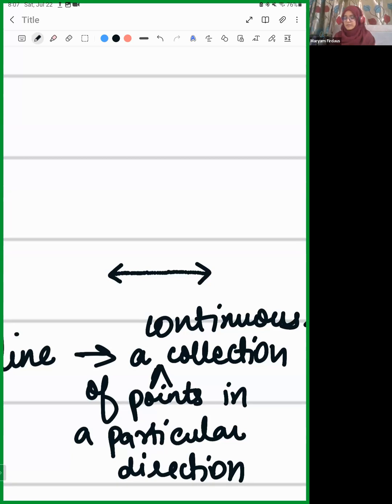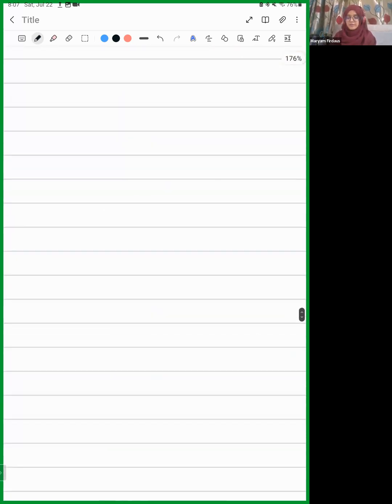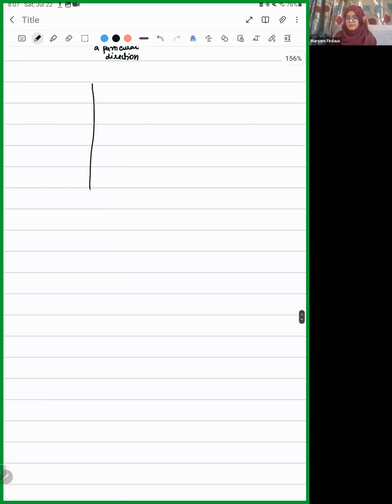For example, when we do coordinate geometry, we make a graph. We make these two axes, x axis, y axis. Why do we make these arrows over here? Why can't we just leave it without the arrows?